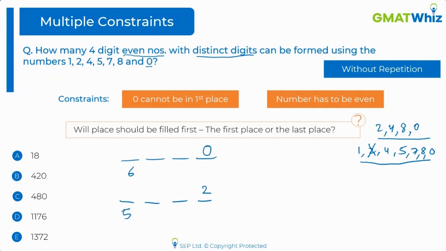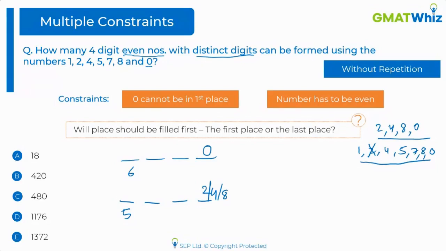For example, if I place 0 at the end, I have 6 options to fill the first place, because then there is no constraint on the first place. I can place anything other than 0 there, and 0 is already occupied in the last place. But if I fill the last place with 2, 4, or 8, I only have 5 options for the first place. So that's something which you have to keep into account.